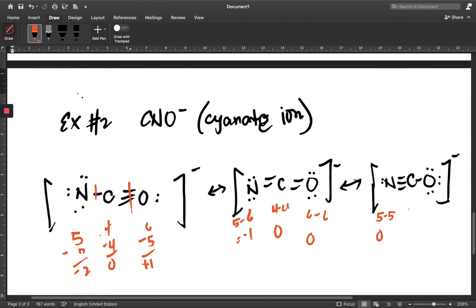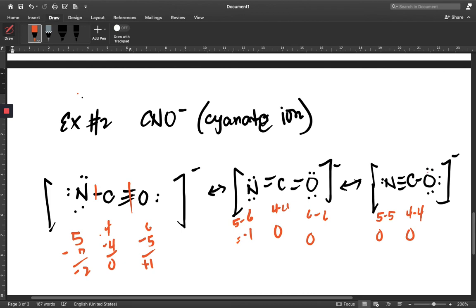And then carbon has 4 minus 4. Again, the first number is the number of valence electrons for that particular atom. Okay, and then the second, the one you subtract, is the ones enclosed in an imaginary box. So this is 4 minus 4, you get 0.